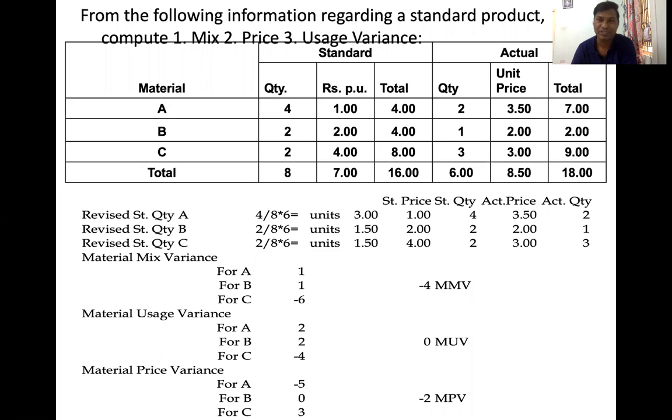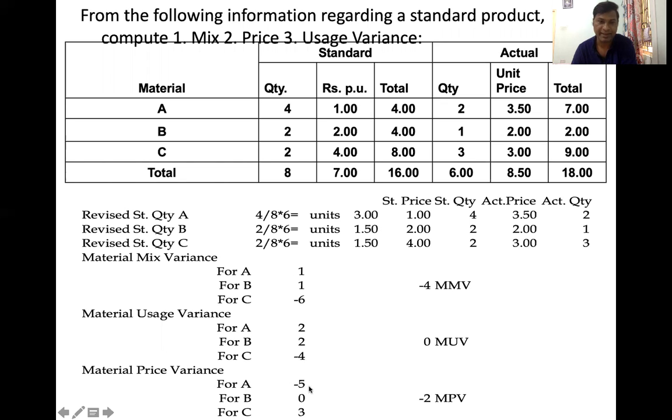Multiply with actual quantity, which is 2. So 2.5 into 2 is 5, minus 5 because it's a negative value. This is the case for material A.